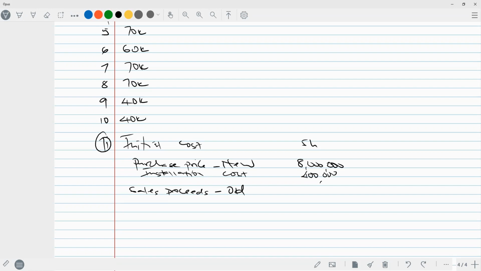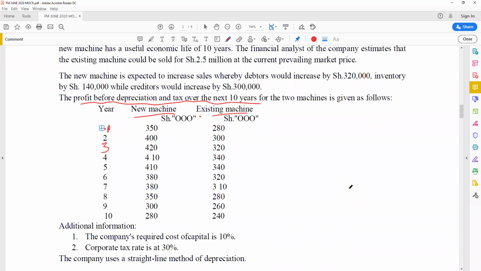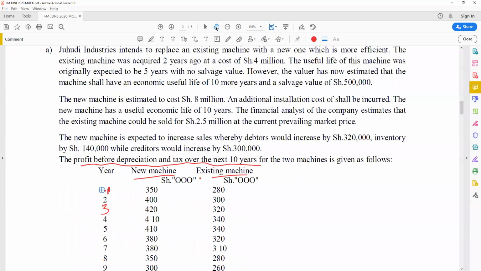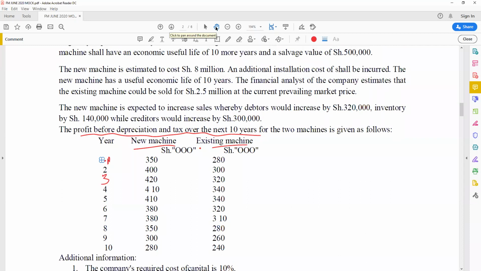The financial analyst of the company has estimated that the existing machine could be sold off at 2.5 million at the prevailing market.